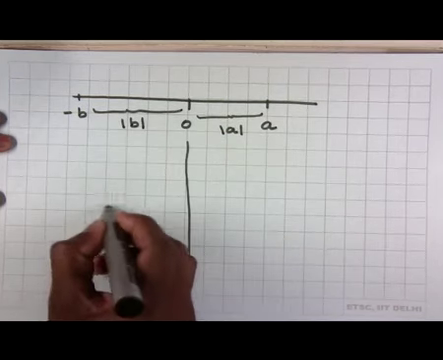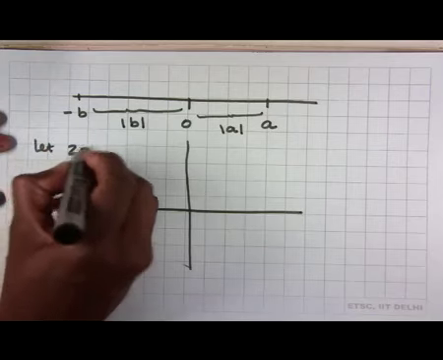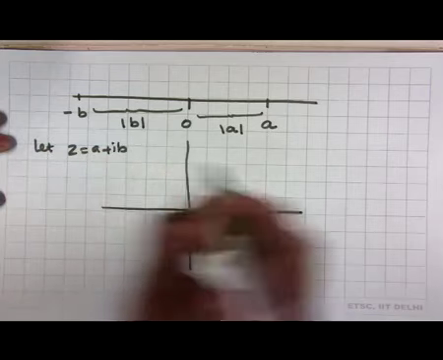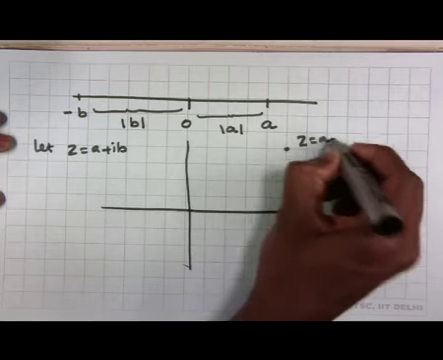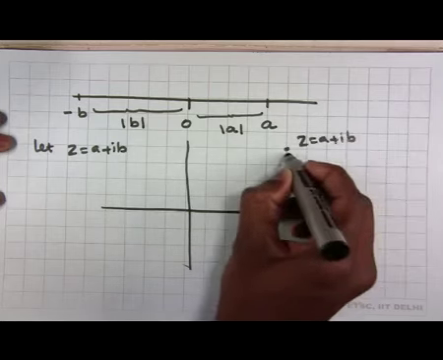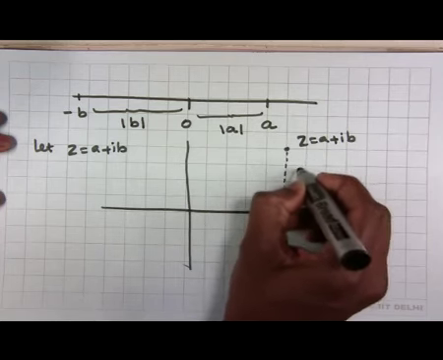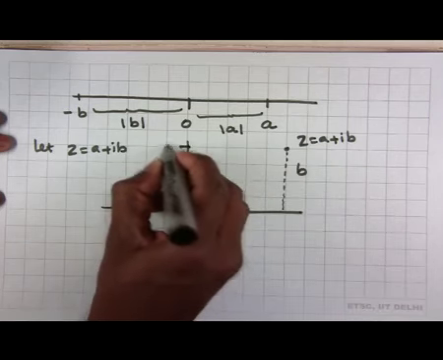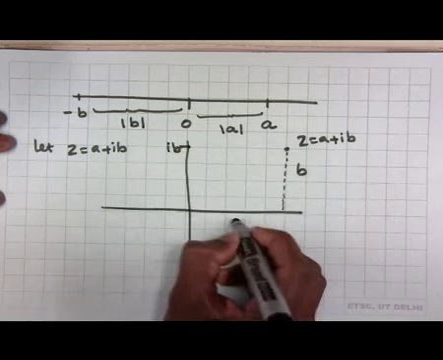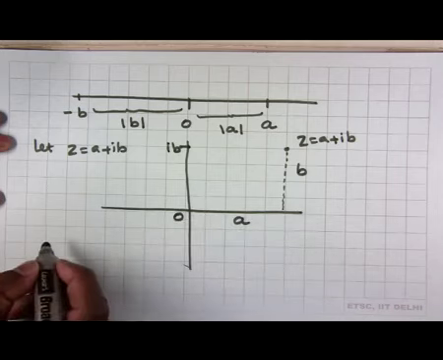So, let z be a plus i b, then consider the point z equal to a plus i b. Here the length is b, which is the unit i b, and here the length is a, and this is 0.